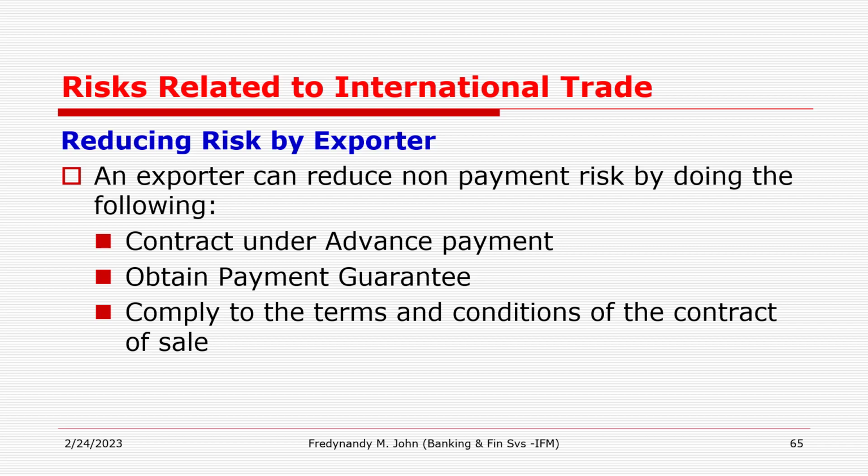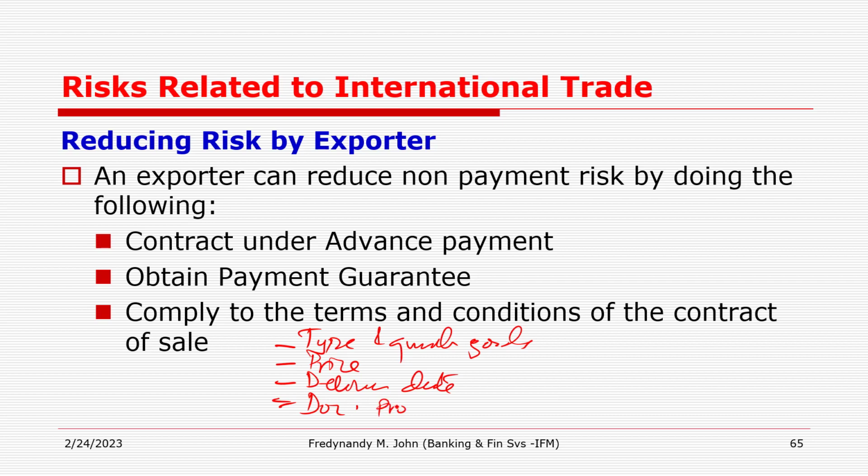Now, if you have contracted under the letter of credit, comply to the terms and conditions of the contract of sale. Remember, the contract of sale has a number of issues that you need to fulfill. First is all about type and quantity of goods. 2, agreed price. 3, delivery date. Okay, and 4, documents to be produced.